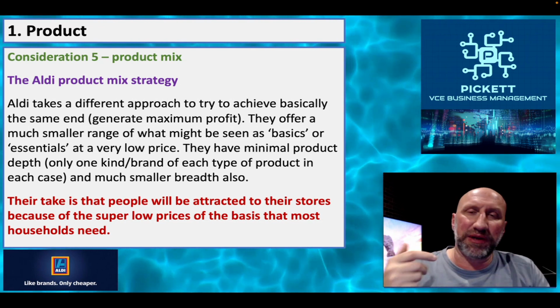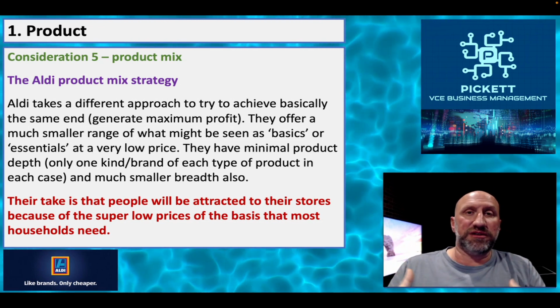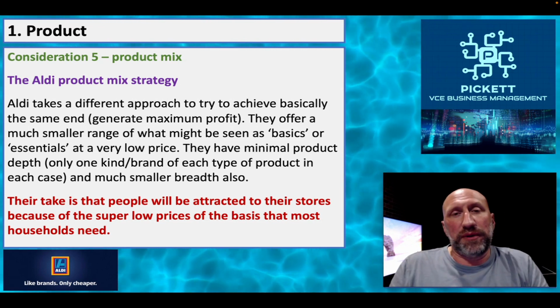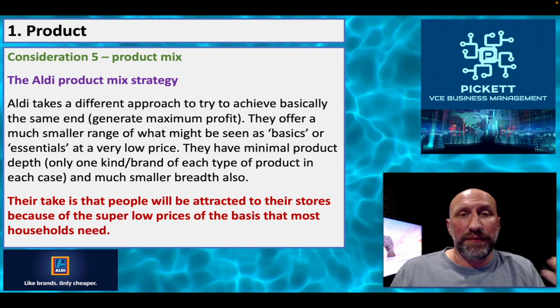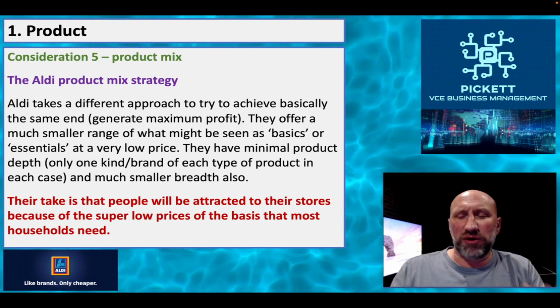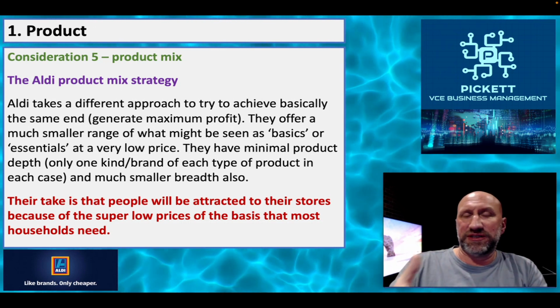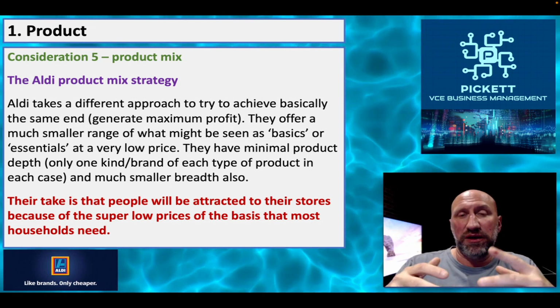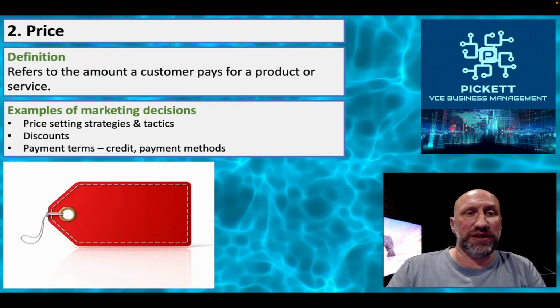So you can see there are two completely different approaches to attracting customers into your supermarket. But look, both work. They're all very successful businesses. It just shows different marketing strategies at play: the same type of business, trying to achieve the same end, but doing it through a completely different marketing strategy.